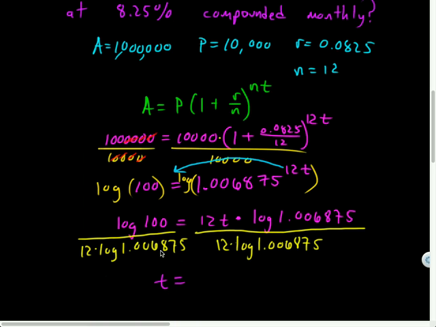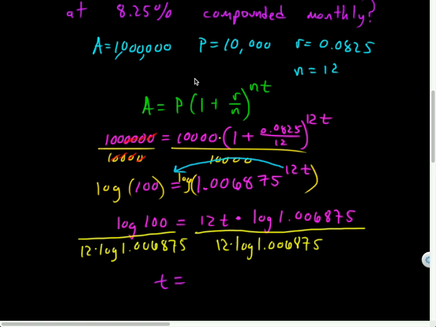So I'm going to do log of 100. We technically could evaluate that pretty quickly. 10 to what power is 100? 2, right? So that's technically 2, but suppose I didn't know that.